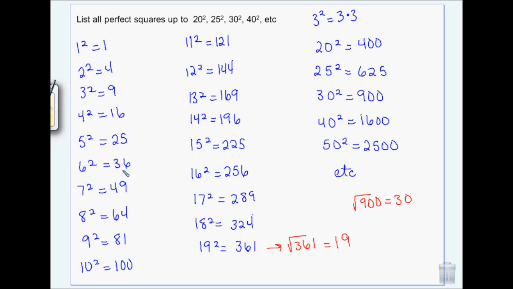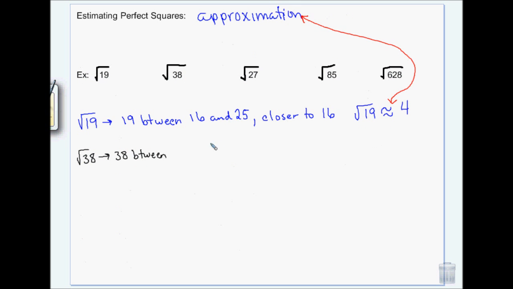It's between 36 and 49. Which one is it closer to? 36, right? So since it's closer to 36, the square root of 38 is going to be close to the square root of 36. So the square root of 38 is approximately 6.